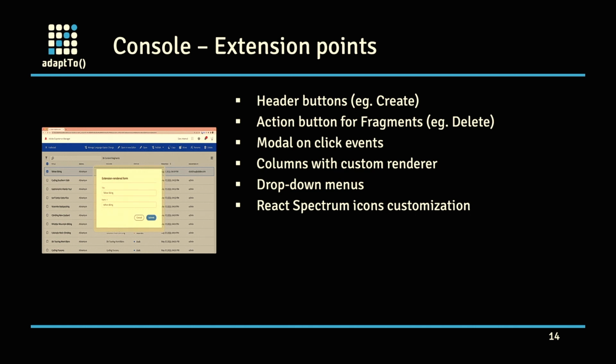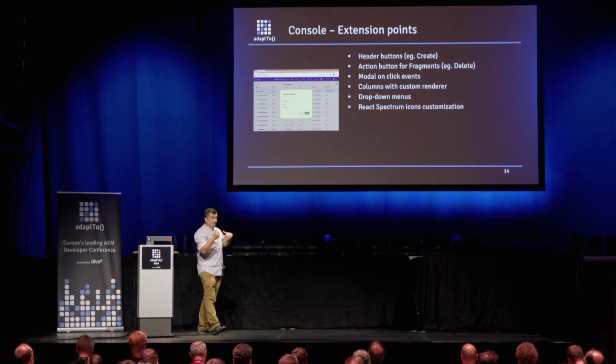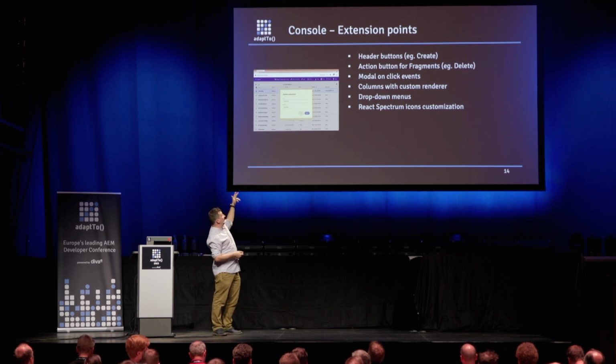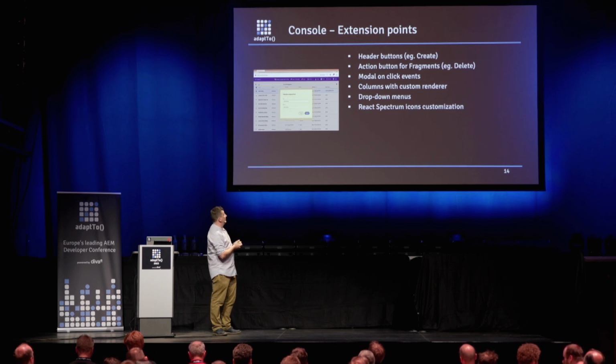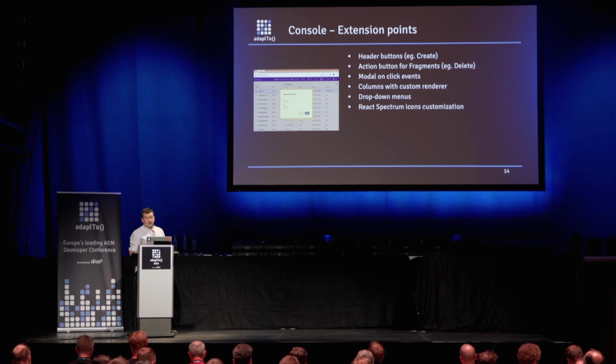That might be in a PIM, that might be somewhere else, and that is a way for you to edit it without adding that information in AEM. Then, of course, all of the buttons that we've talked about, whether header or action, can be drop-down menus in case you have multiple related actions. And, of course, you can use the React Spectrum icons to do that. So that's the whole extensibility point of view for Content Fragment Admin.